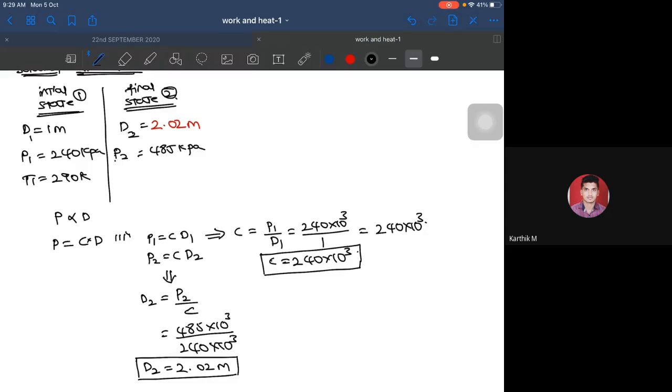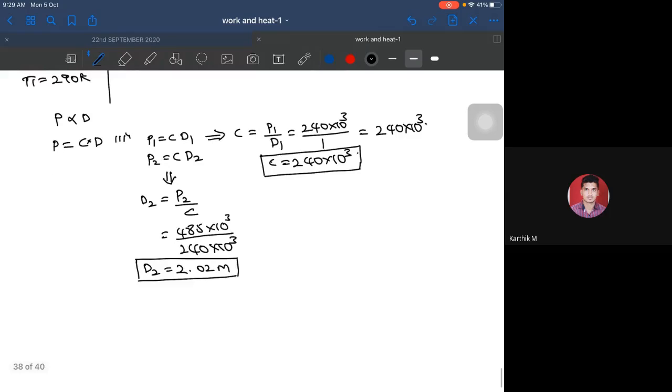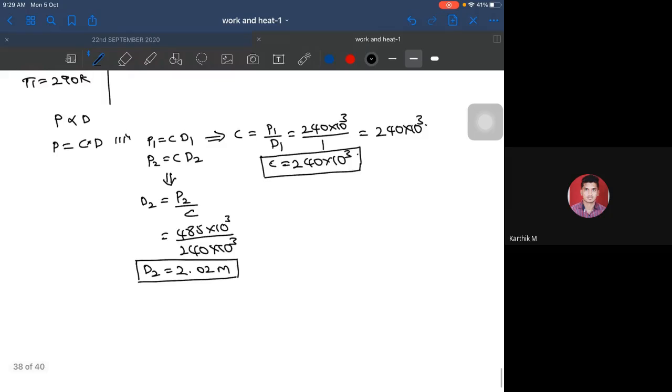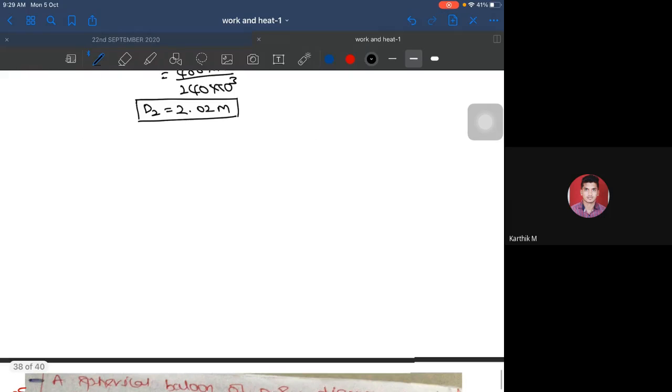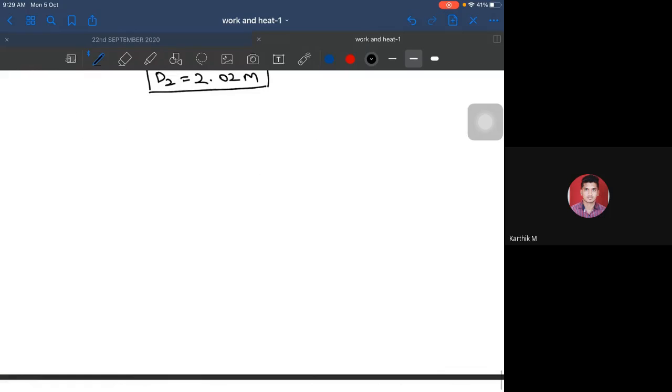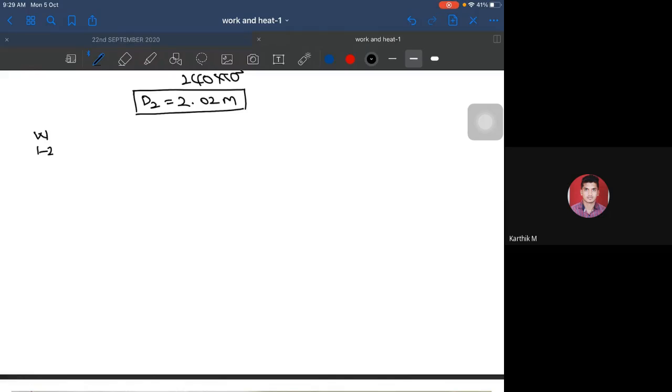Now, the next step is I have to go with the calculation of work done. So work done from 1 to 2 in a PdV displacement work is given by integration from 1 to 2 P into dV. Yes? Yes, sir.